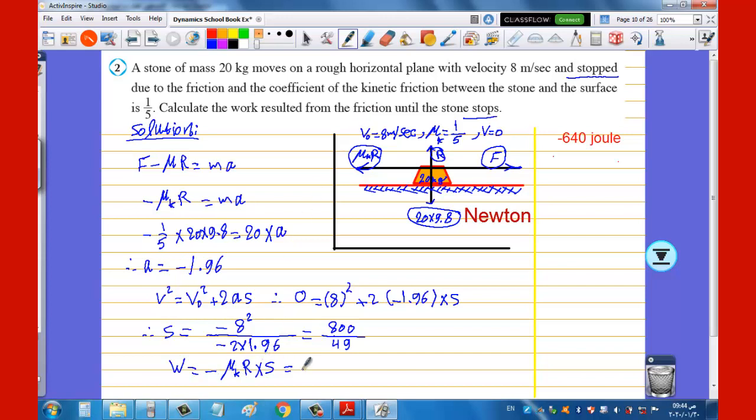So it will be negative mu, it is 1 over 5, again multiply r, it is a normal reaction, which equal the weight, 20 multiply 9.8 multiply s, which equal 800 over 49, which equal negative 640 joule.